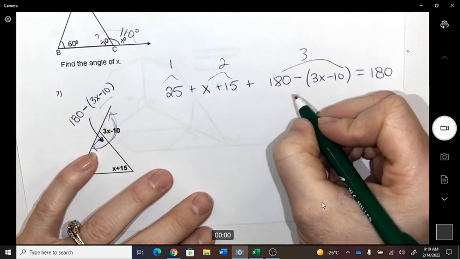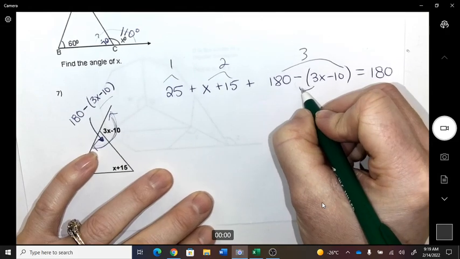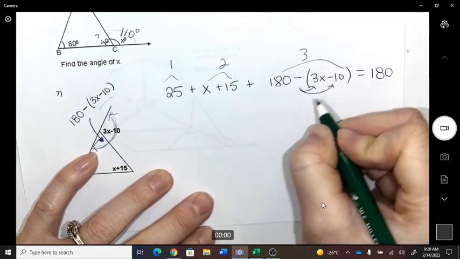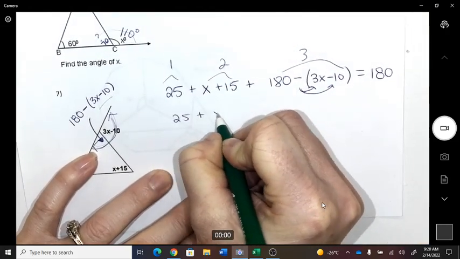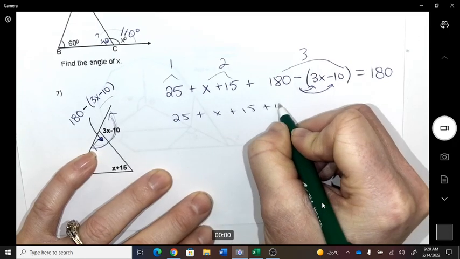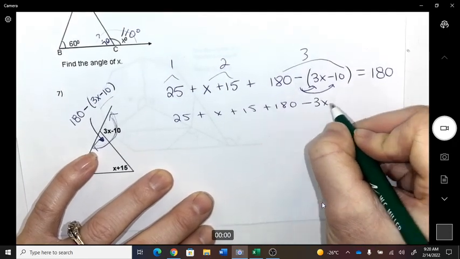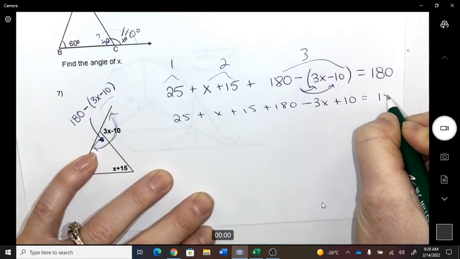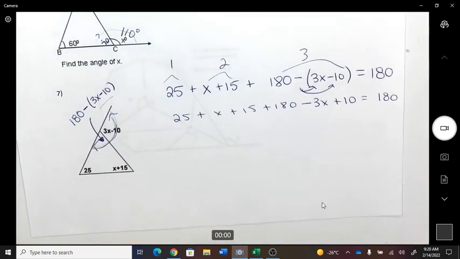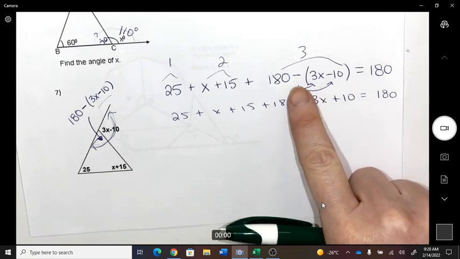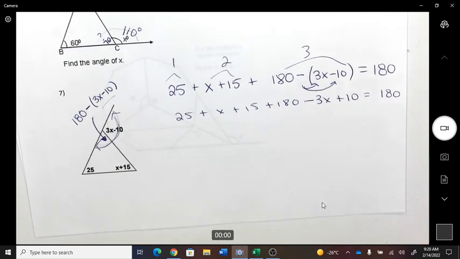Okay, so this is what I need to think about now. Because I'm going to subtract all that, what does it make when I subtract this whole bracket? The subtract will be on the 3x, but then the 10 now will be plus.